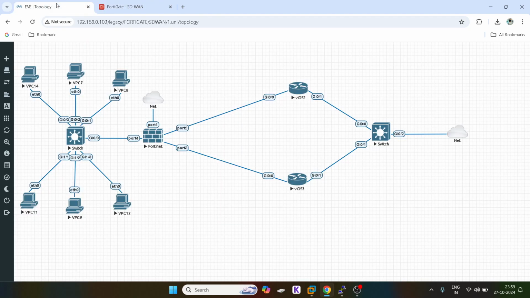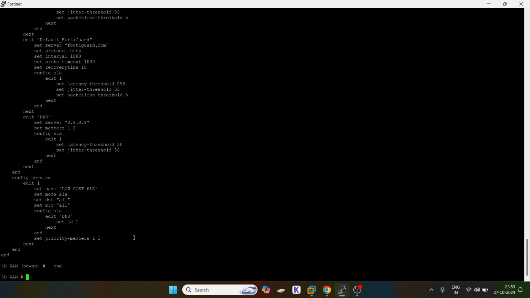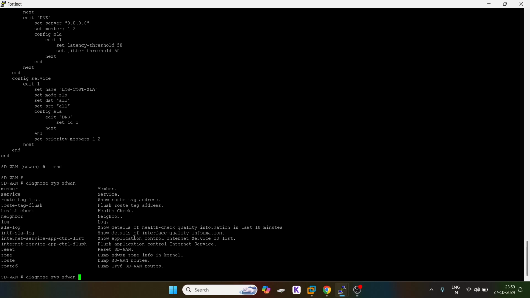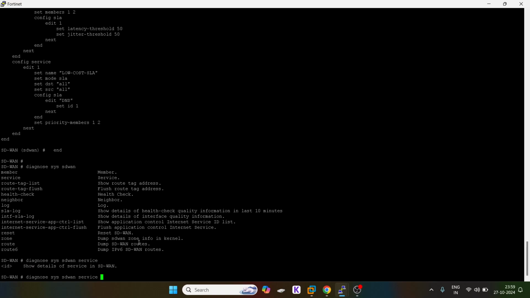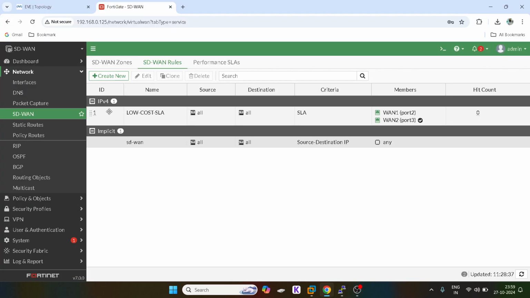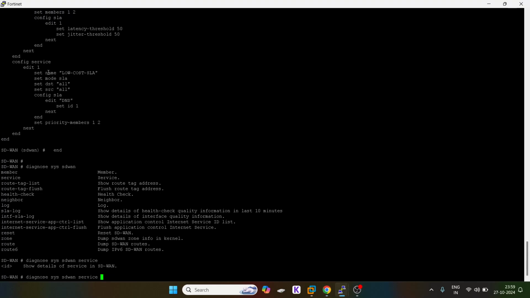Before that, we will do a diagnostic test. SD-WAN, you guys can see, and service. So what do you mean by service? Service is the rule which we have configured over here. And it is having an ID one. This one.